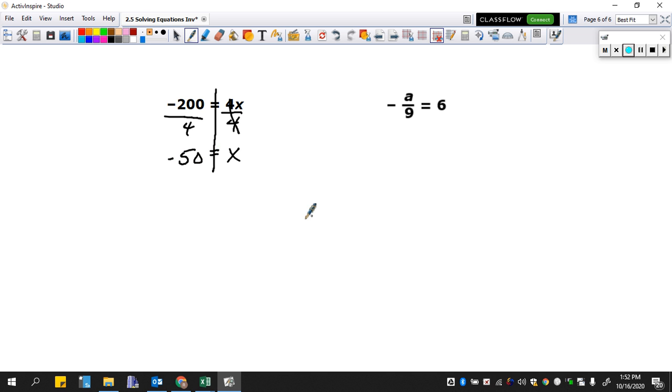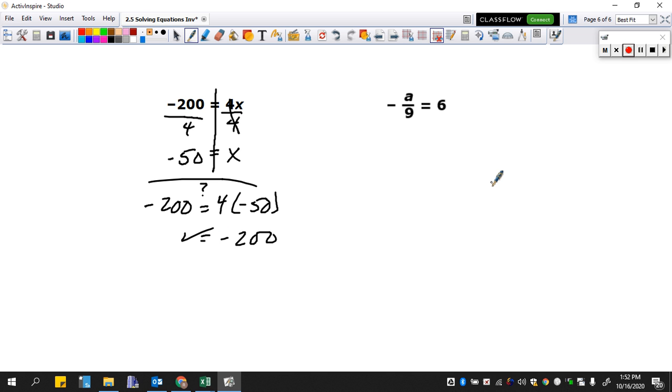All right, to check it, we have negative 200. Is that equal to 4 times negative 50? Well, 4 times negative 50 is negative 200, so that checks out.